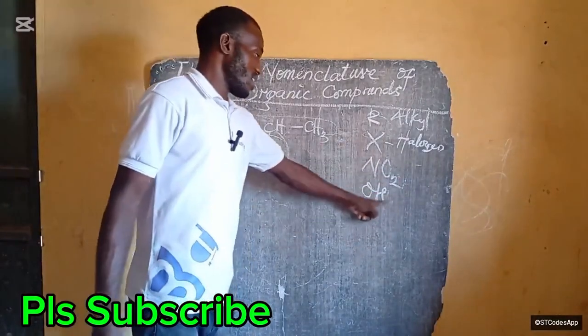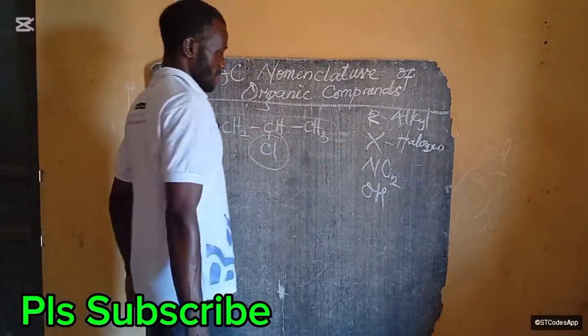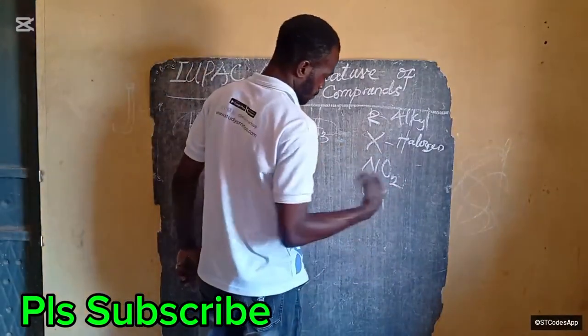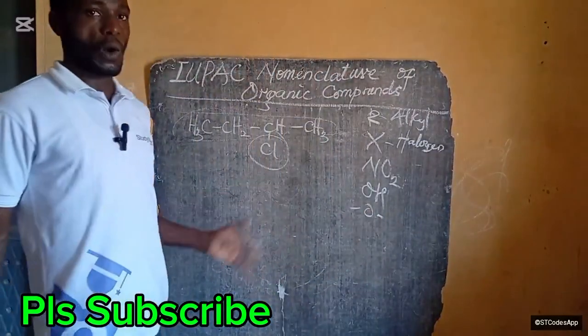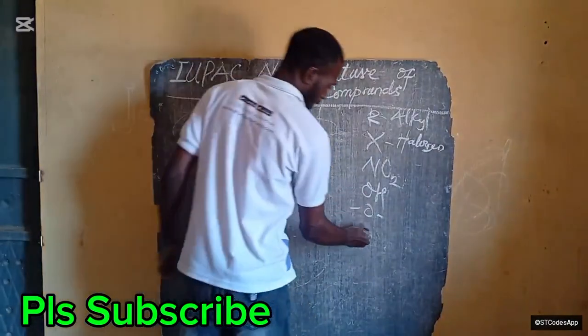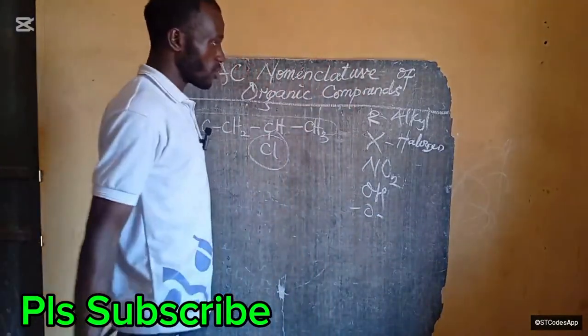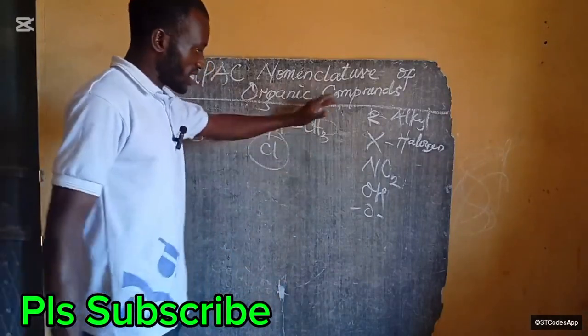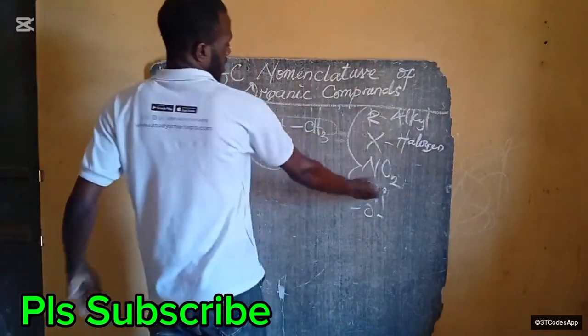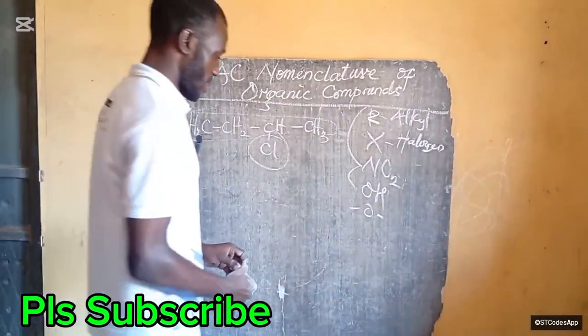It's going to be an alcohol. You could also have the oxo group. Of course, this is now delving into other groups, or it could be carbonyl. But basically, for most of the cases, we are going to be dealing with these three, including this. All right.